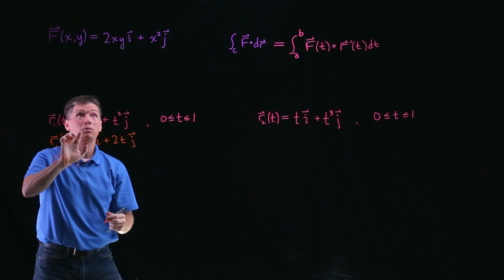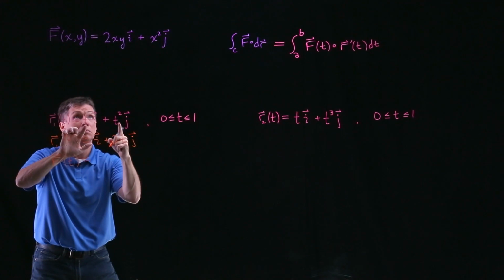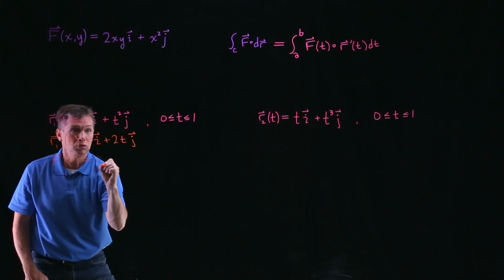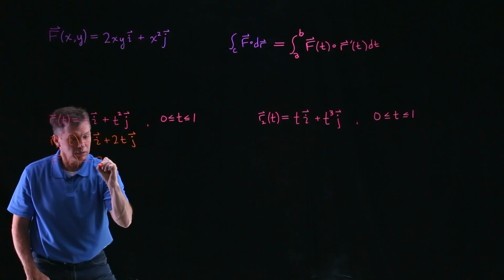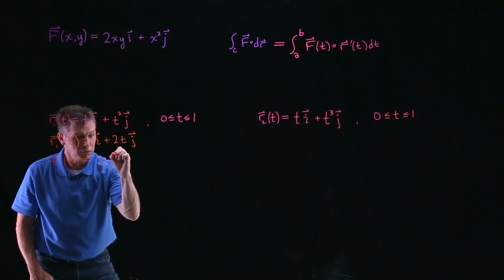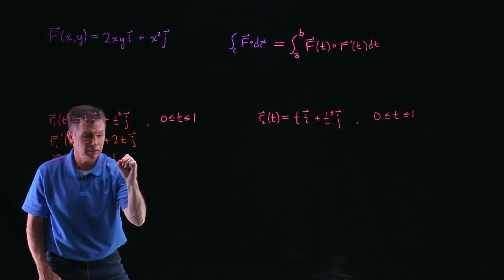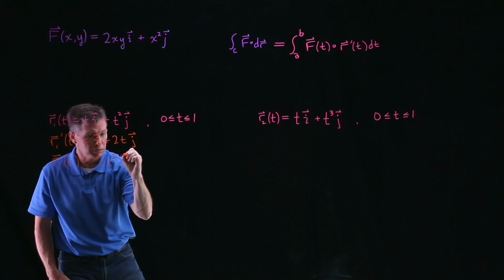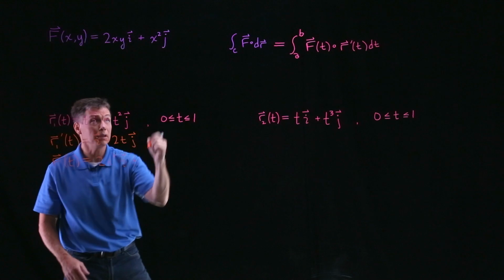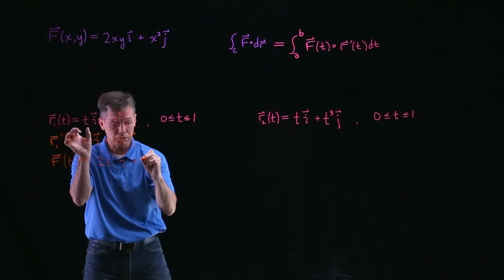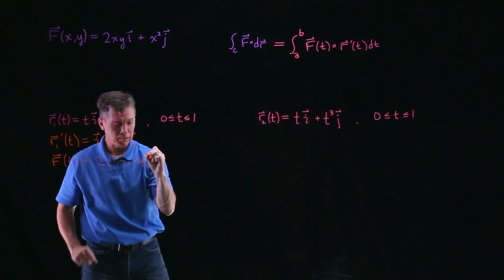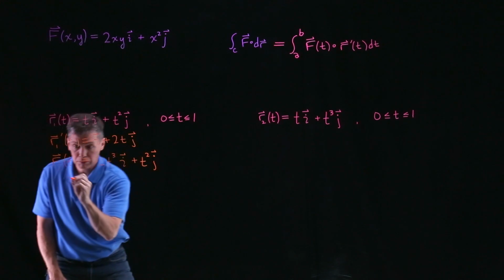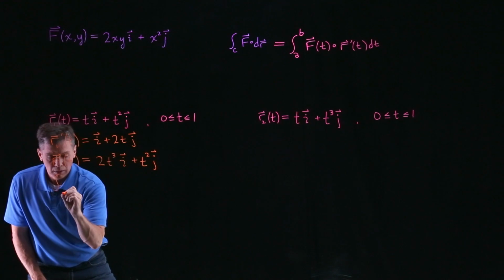So I'm looking at 2 times t squared for 2 times x times y. That would be a 2 times t cubed times i. And then plus, from the F, x squared, I'm going to grab this t and just square it, and that's j.